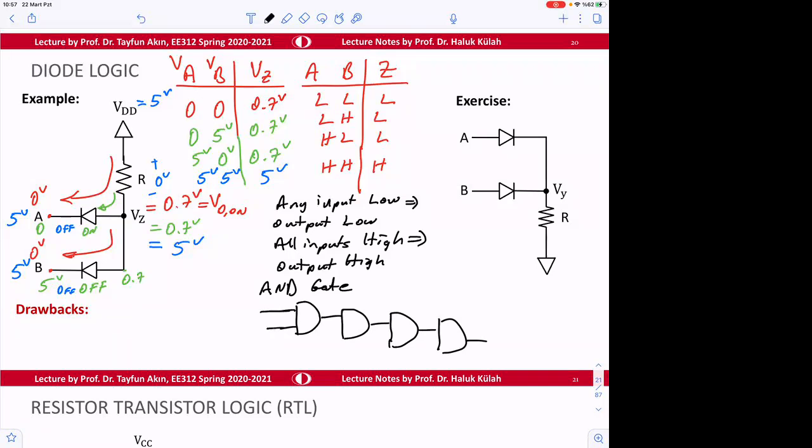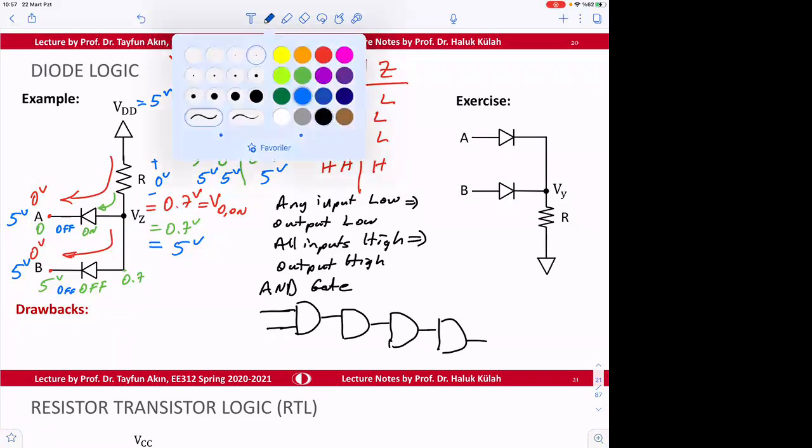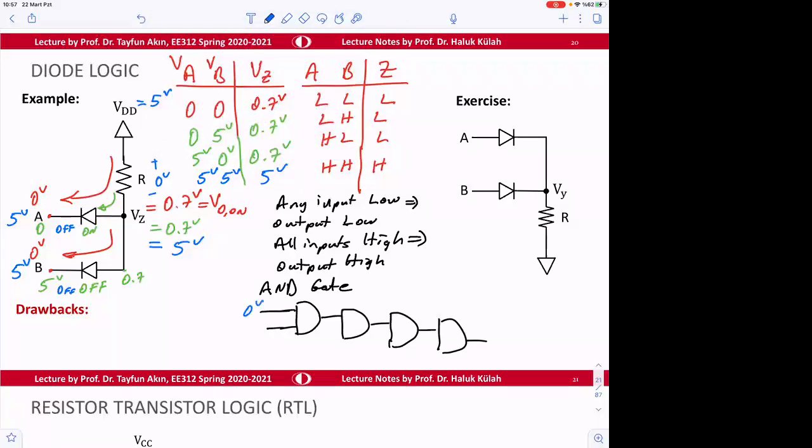So when we apply here, let's say 0 volt, this becomes 0.7 volt. For the next gate, this is going to be 1.4 volt. Next gate, 2.1 volt. And then next gate, 2.8 volt. Because you know that in digital domain, we need to connect the gates together. Output of one is going to be connected to the input of another one.